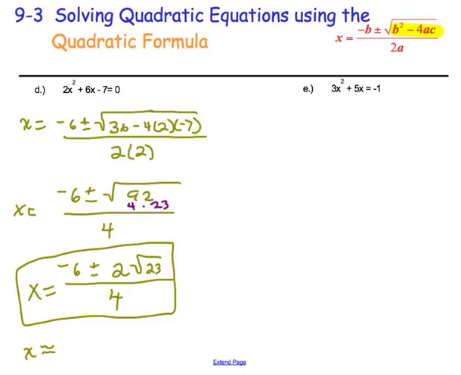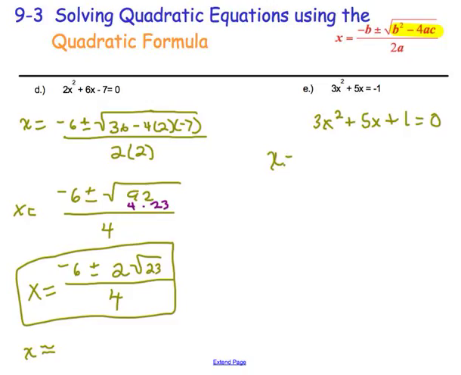Our last one here in this video is E, and so our first step is to take 3x squared plus 5x plus 1 and bring that 1 over so we're equal to 0. Cannot use the quadratic formula unless the equation is equal to 0.